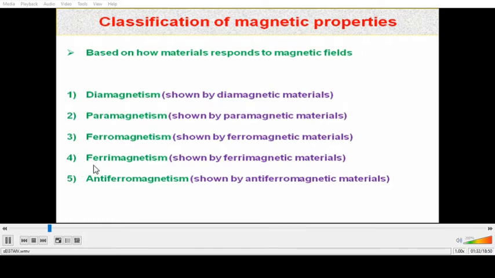Fourth one is ferrimagnetism, shown by ferrimagnetic materials. Here susceptibility is almost similar to ferromagnetism. The fifth one is antiferromagnetism, shown by antiferromagnetic materials, that possess no susceptibility if the material is a perfectly antiferromagnetic material.